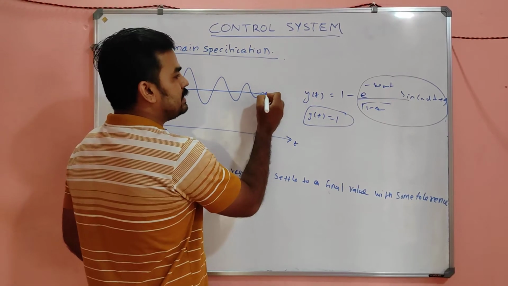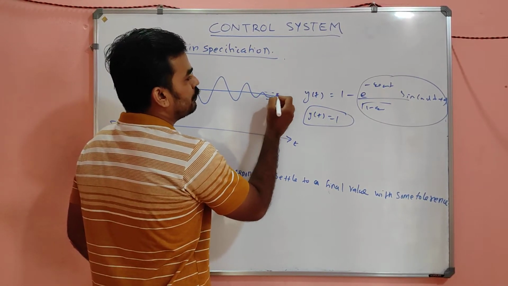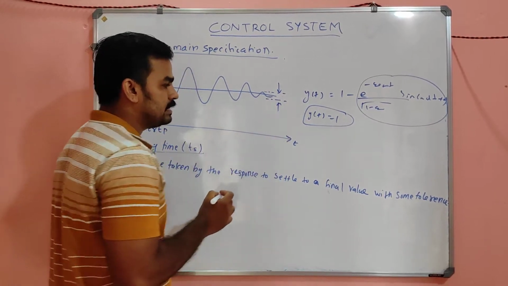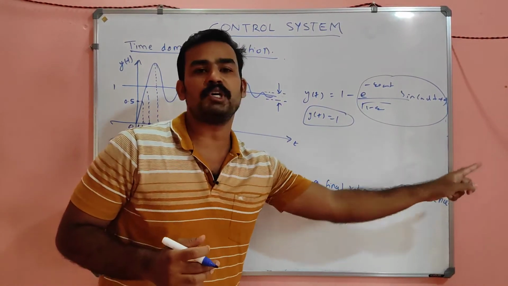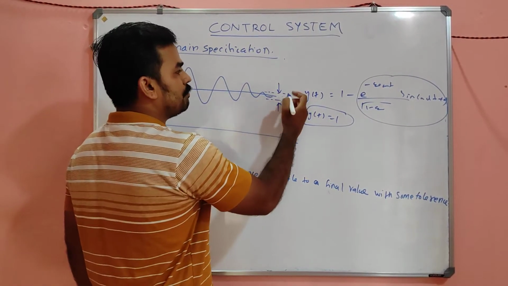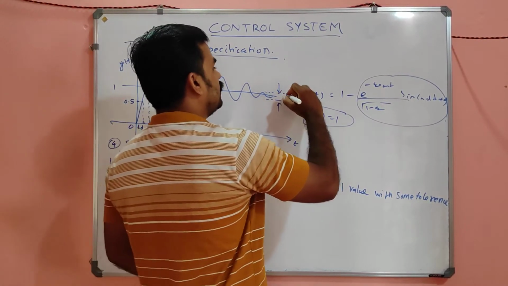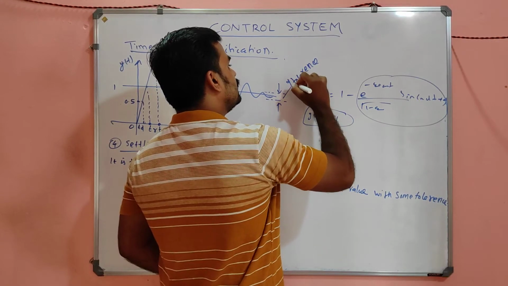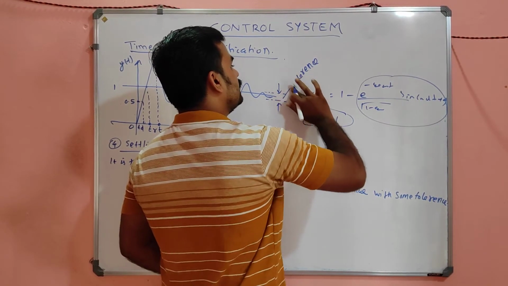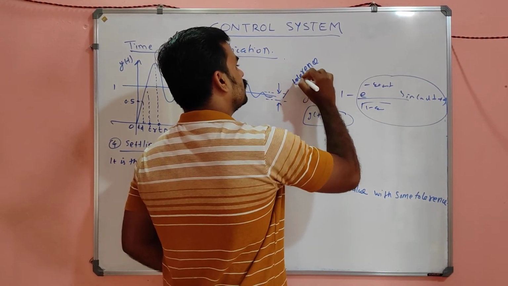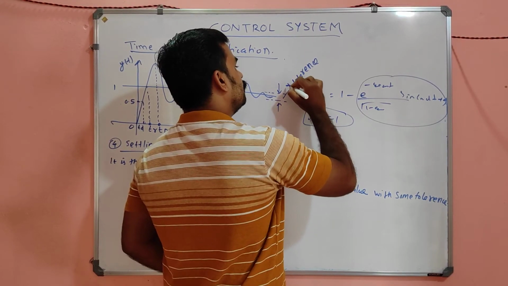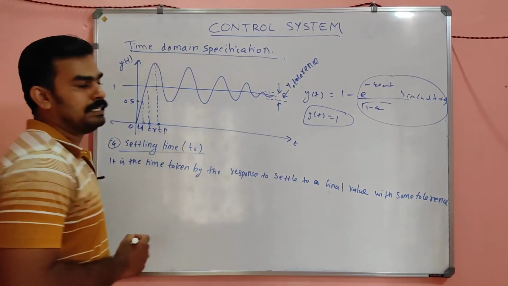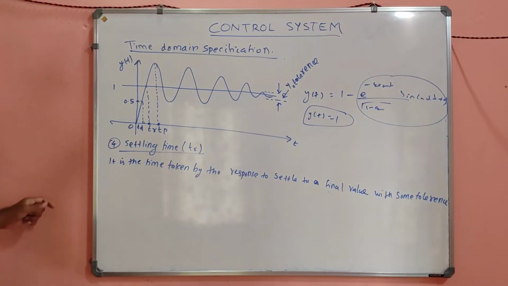But the system always has some tolerance level, meaning some error. That is the meaning of final value with some tolerance. This is called percentage tolerance, that is the correct word, my dear. So with some percentage tolerance, it will settle down after some time.